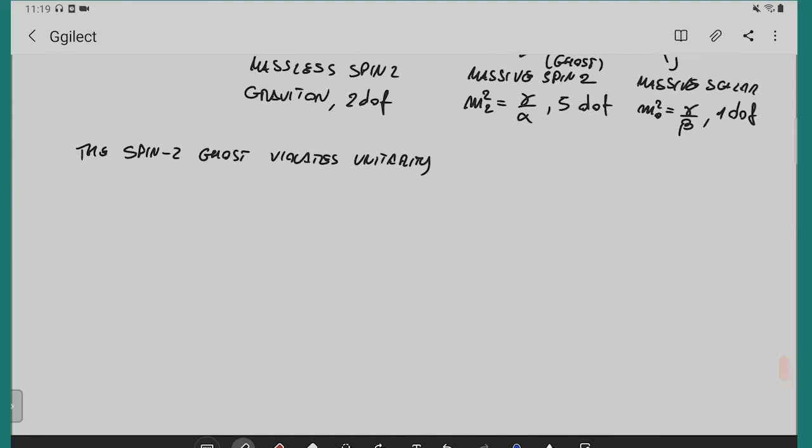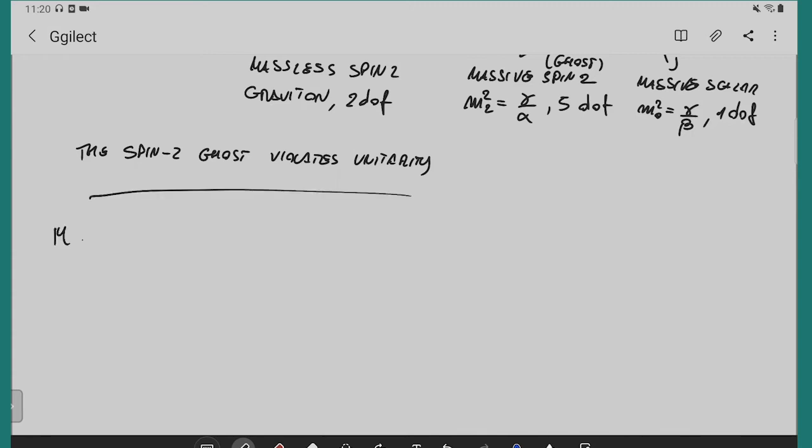Well, we already know from the general argument from yesterday that having more and more derivatives just introduces more and more degrees of freedom, and at least one of them will be a ghost. So you cannot fix this unitarity problem, but they will have some additional properties, so I think it's worth talking about them, and they are also the starting point for a solution of this problem.